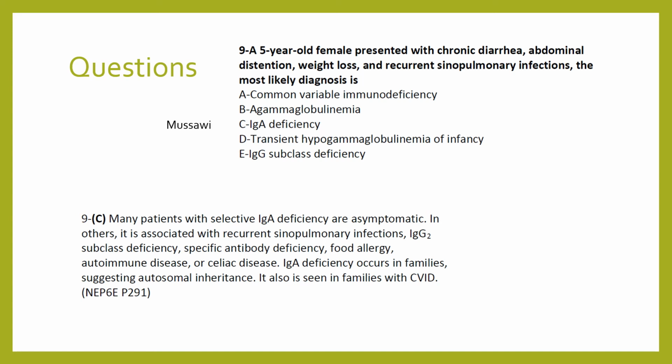In others, it is associated with recurrent sinopulmonary infection, IgG2 subclass deficiency, specific antibody deficiency, food allergy, autoimmune disease, or celiac disease. IgA deficiency occurs in families suggesting autosomal inheritance.